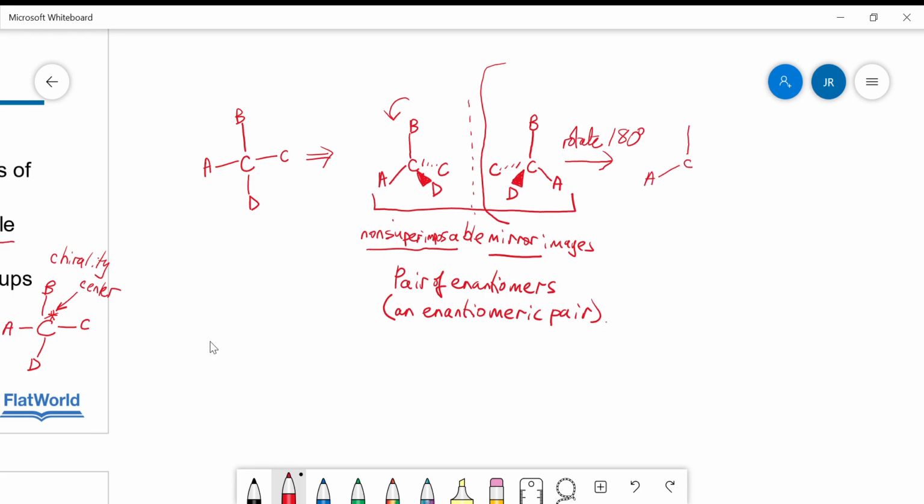If I start to draw it, hopefully you'll see what I mean by 180 degrees. Then the A and the B would start to look like the original. But then I'd replace the C and the D's wedge and dash respectively. So that C that was a dash would now become a wedge, and the D that was a wedge would now become a dash.